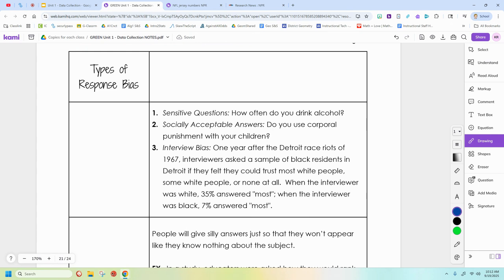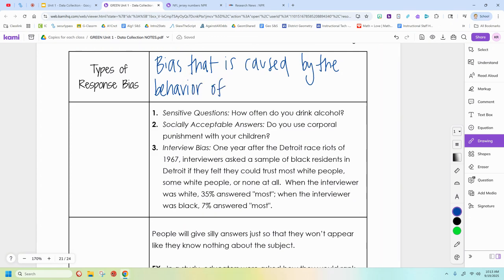So response bias is bias that's caused by the behavior of the participant or interviewer.